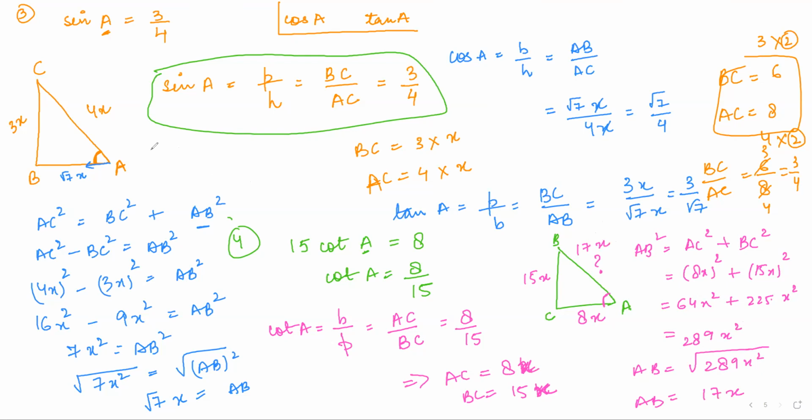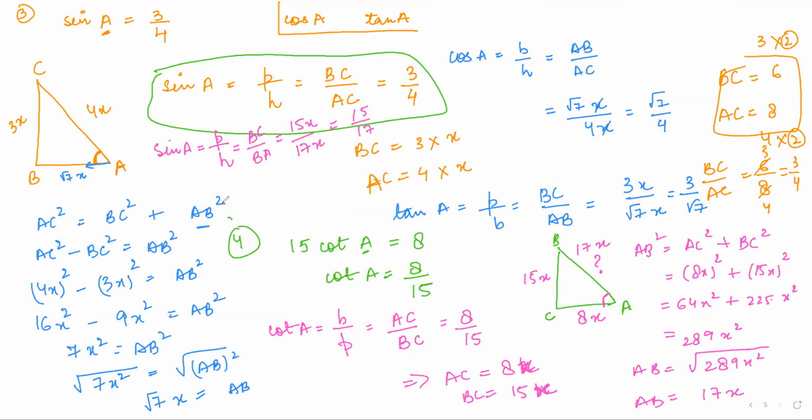Okay. Now you have to find sine of A. Sine is again perpendicular by hypotenuse. Arshia, which side is perpendicular? BC. And hypotenuse? AB. Okay, fine. BC is 15 of x, this is 17 of x, so it's 15 by 17.